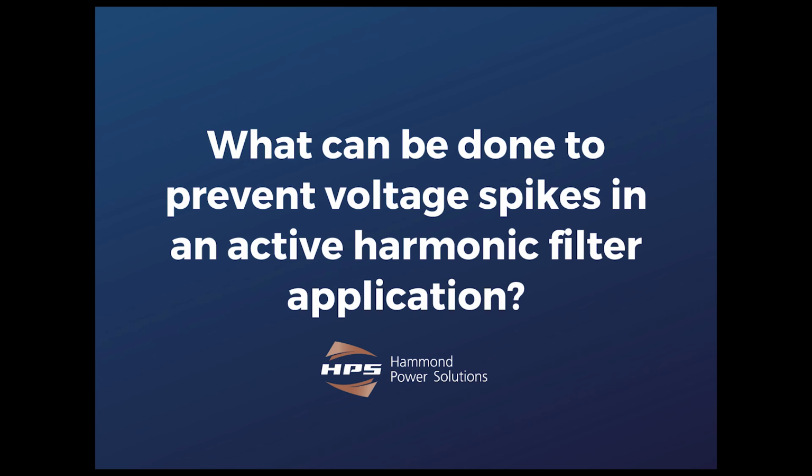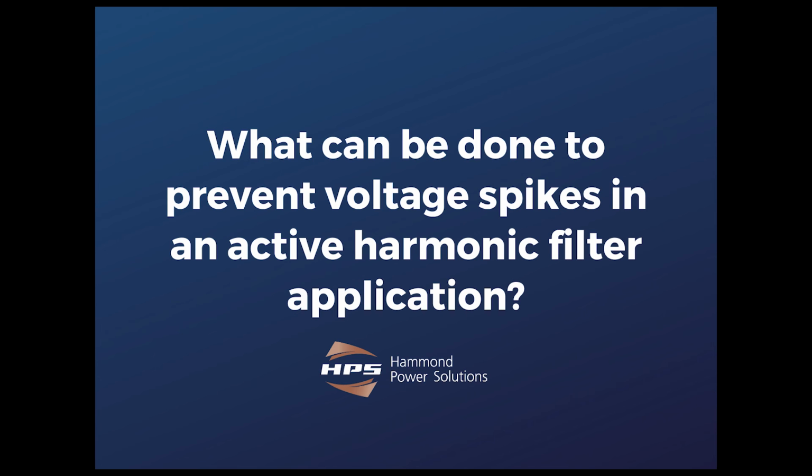We do offer surge protection devices as an option on our transformers, along with lightning arresters, which is a very common option on our larger power transformers. So that would help protect the active harmonic filter. But again, in a lot of cases, people will probably use a separately mounted surge protection device. Hope that answers your question.